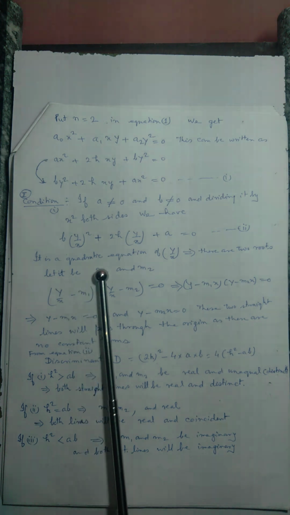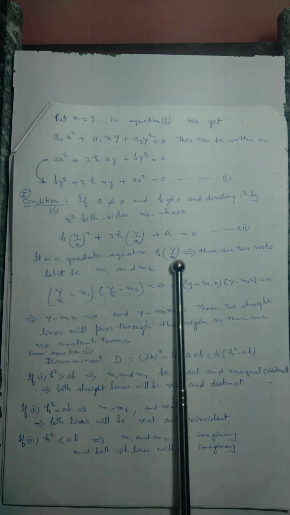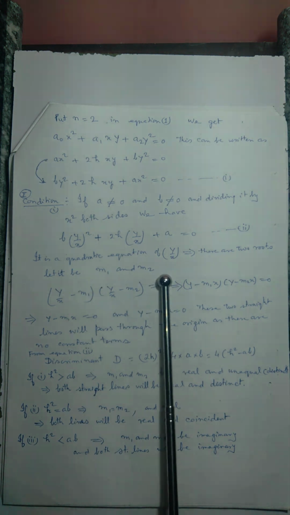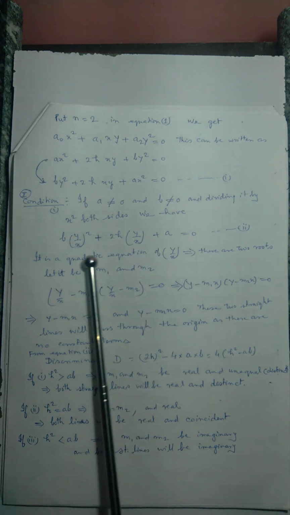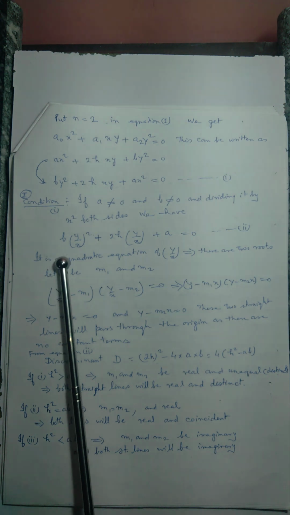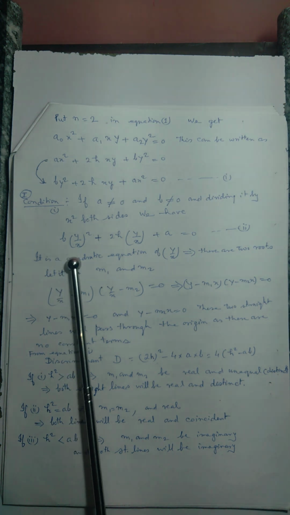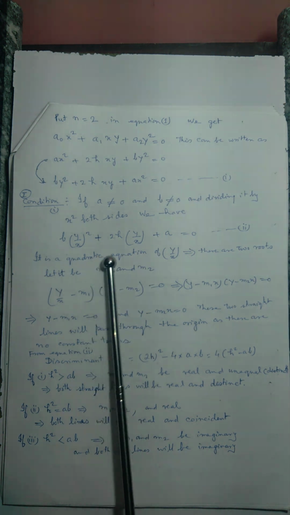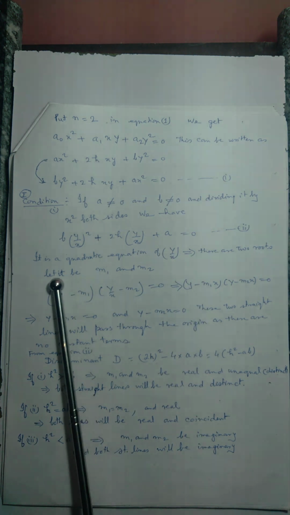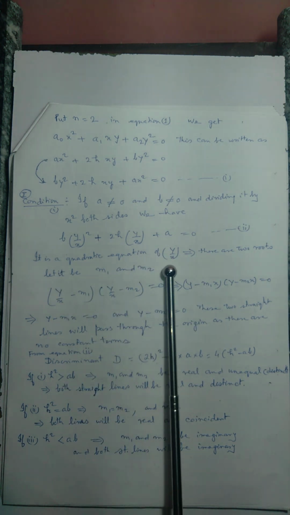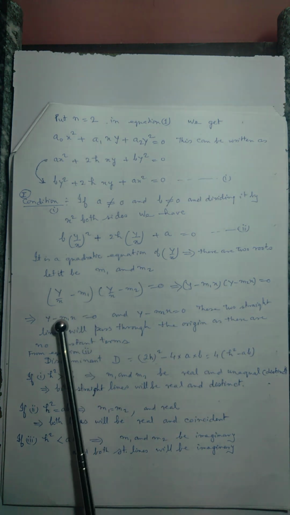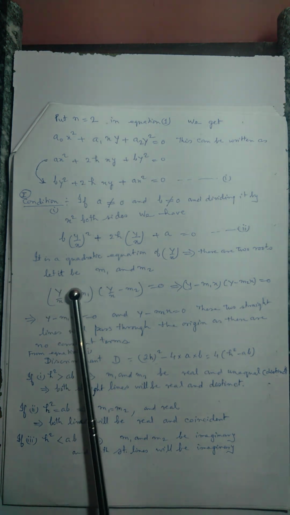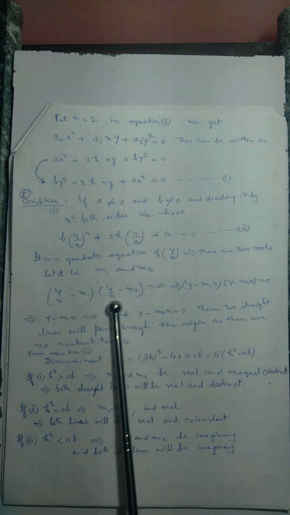It is a quadratic equation in y by x. Here y by x means just the standard form of the quadratic equation ax squared plus bx plus c equal to 0. That is the same form, but here in place of x I have written y by x. Let m1 and m2 be the two roots.